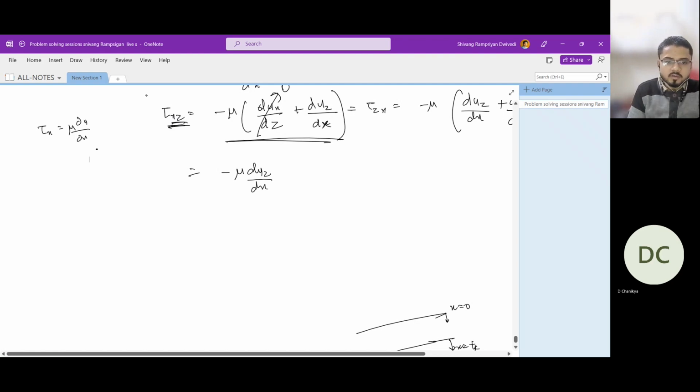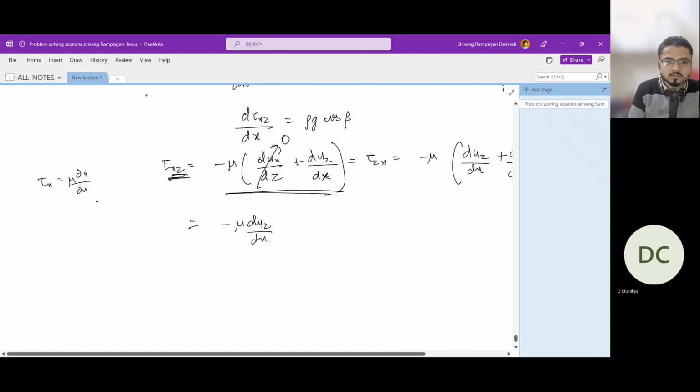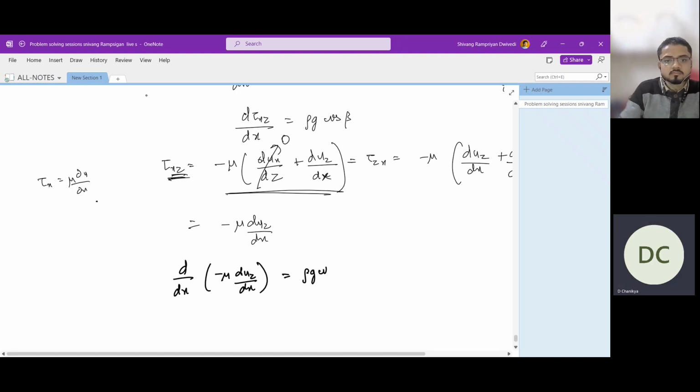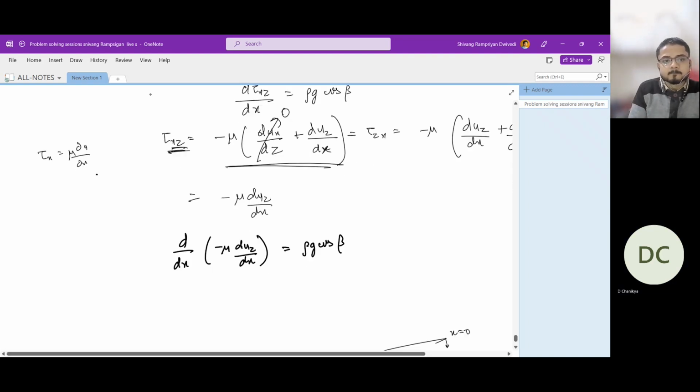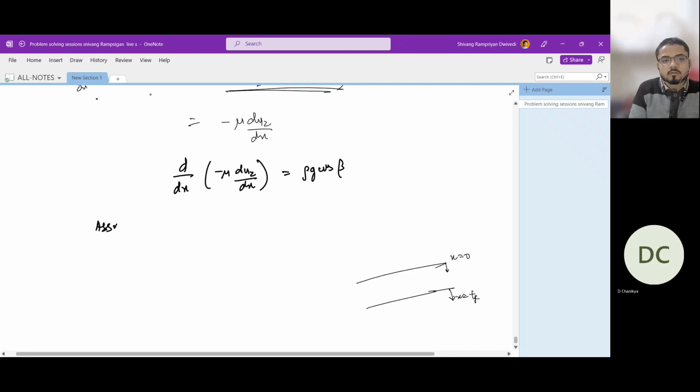So where were we? This becomes d by dx of minus mu duz over dx is equal to rho g cos beta, right? Assume mu constant. So this becomes d by dx of duz by dx equal to minus rho g cos beta over mu.